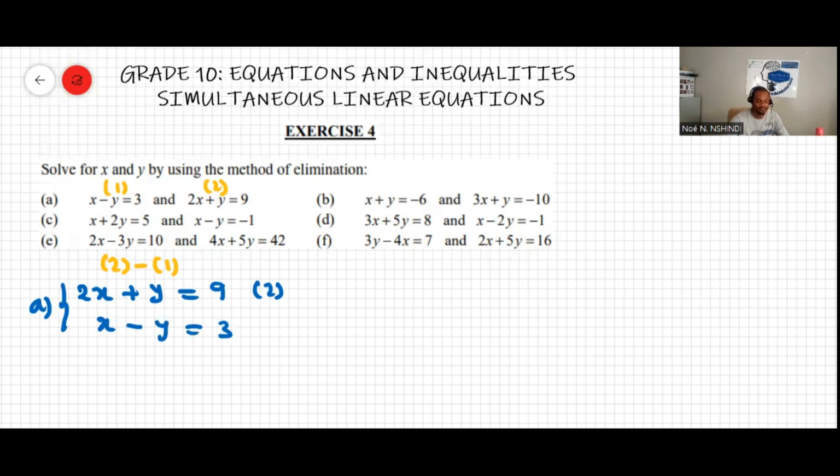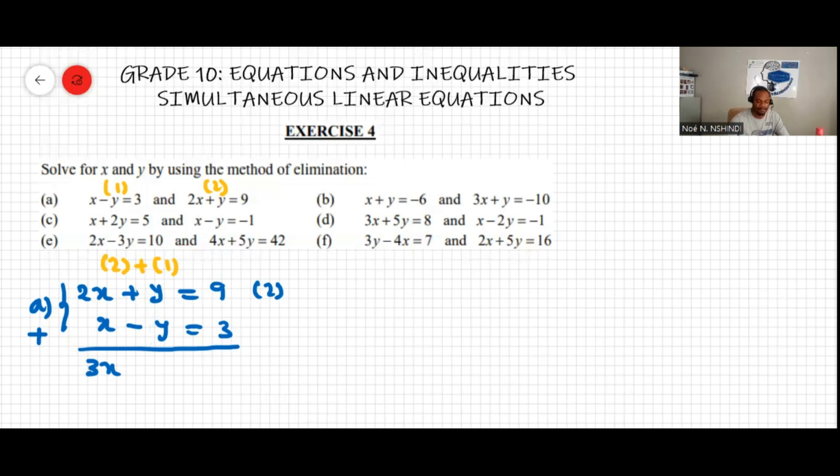Now if I do equation 2 minus equation 1, we do 2x minus x is just x, and y minus y will be actually not minus but plus. Let's say plus. We added the two equations, equation 2 plus equation 1. So 2x plus x will make 3x, and then y plus negative y, these two will cancel.